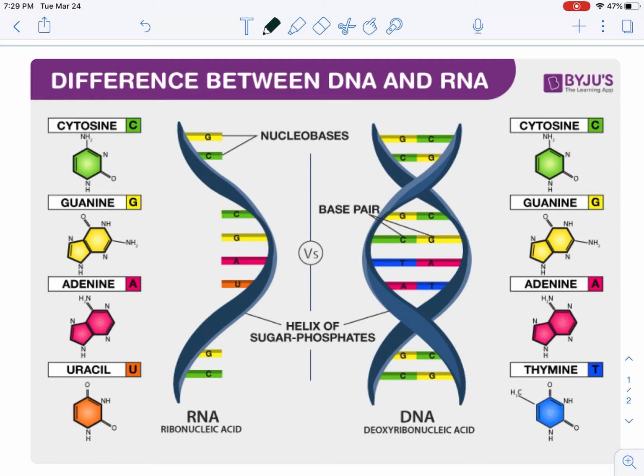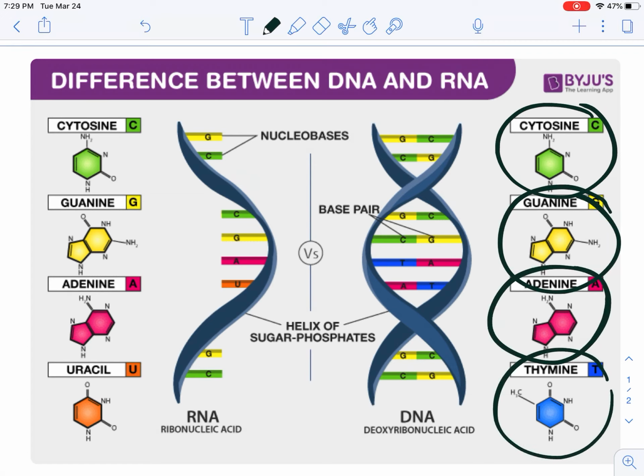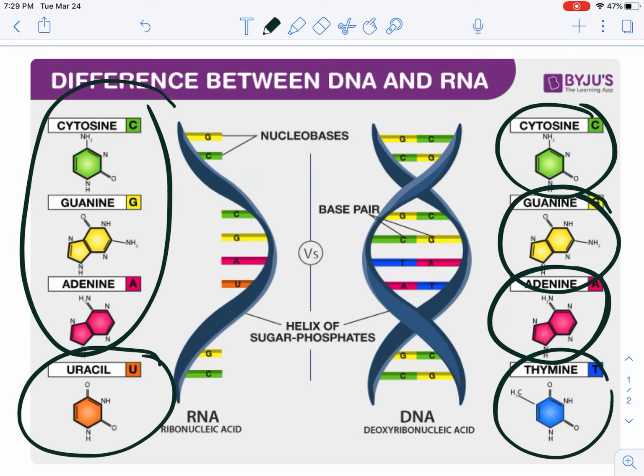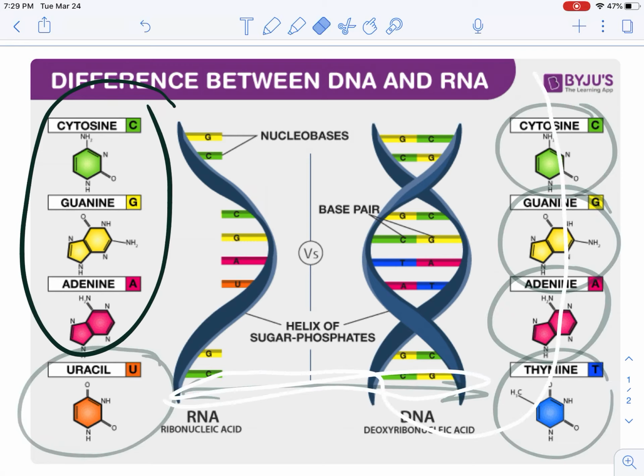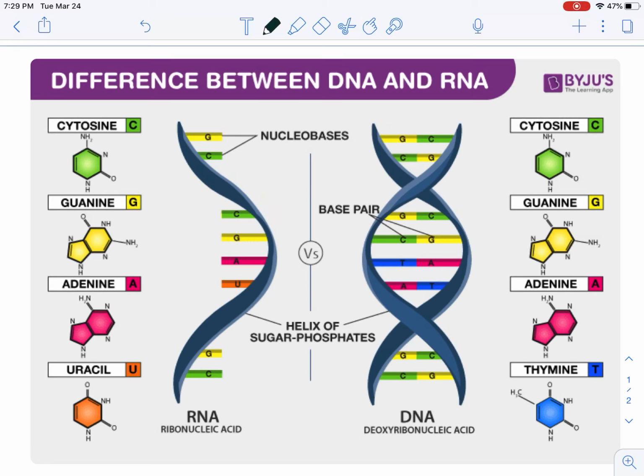One other key difference between the DNA and RNA is the bases that they include. DNA includes cytosine, guanine, adenine, and thymine, whereas RNA has the first three that are the same, but it has uracil instead of thymine. From that, you can also see that there are always these base pairs.